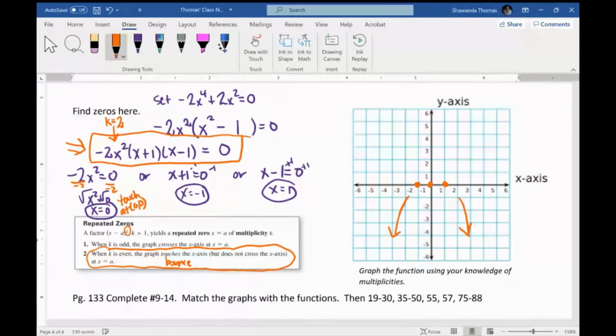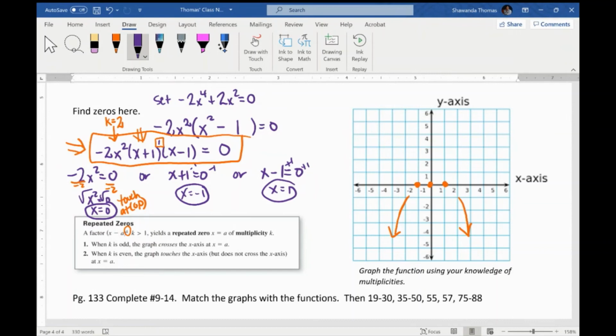All right, let's move on to the next factor. The next factor is x plus 1. What power do you think is outside of that parenthesis? 1. It's understood to be a 1 right here. Is that an odd k or an even k?